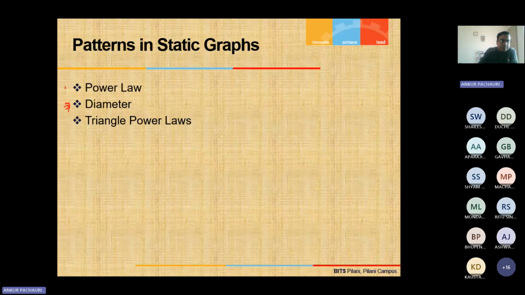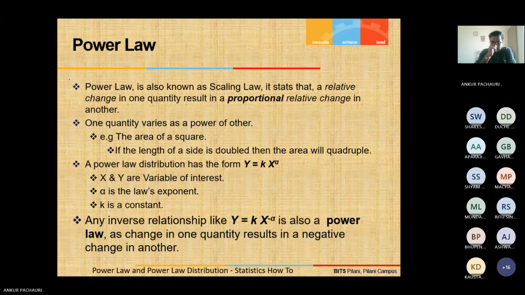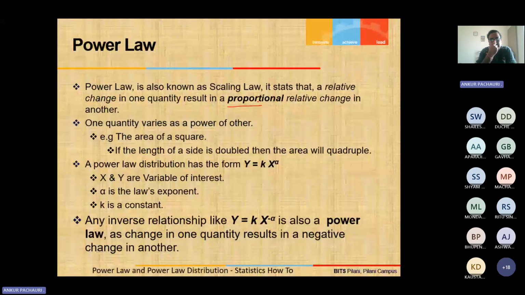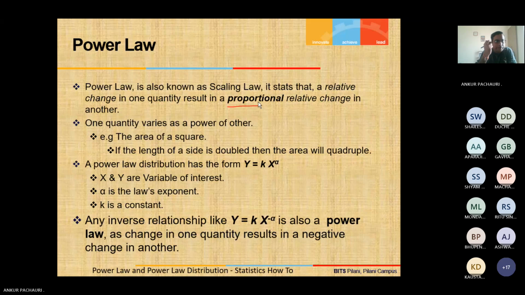Now we'll discuss a bit about power law. Power law in mathematics, what is it? Anything which is two values which are proportional to each other, we call it a power law. For example, the area of a square. The formula for the area of a square is the side squared.